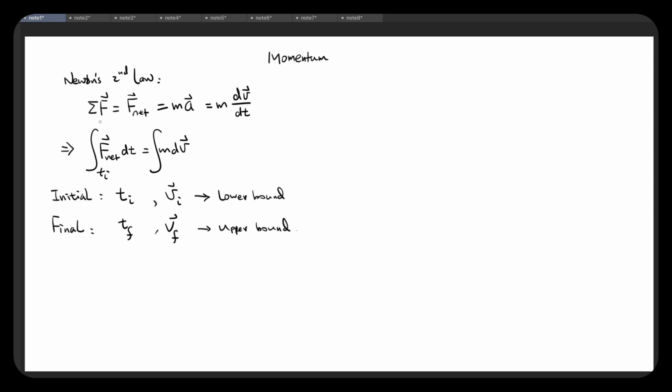So let's put them in: ti to t final, and vi to v final. Now for the left side, we're going to define this quantity.